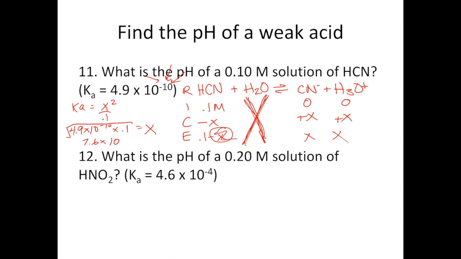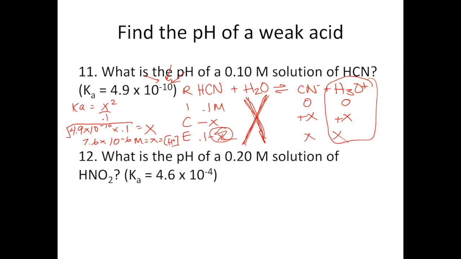And so X is going to be 7.6 times 10 to the minus 6 molar. Well, X is what H3O plus is, right? So what I just found is my H3O plus concentration, or my H plus concentration.